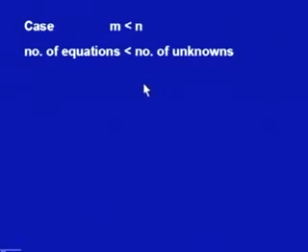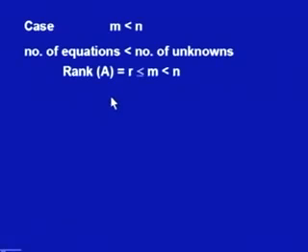Now I consider a case when m is less than n. Previously we were considering a case when m is equal to n, or we have a square system. But suppose the number of equations is less than the number of unknowns, then what will happen?